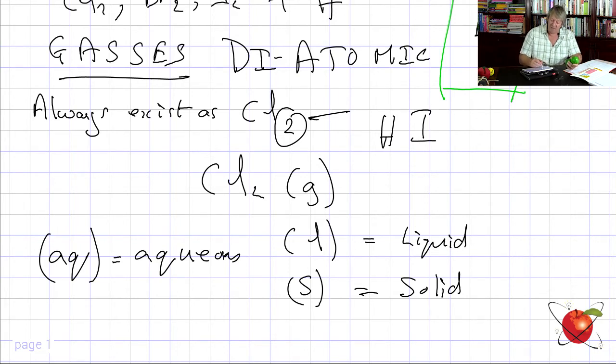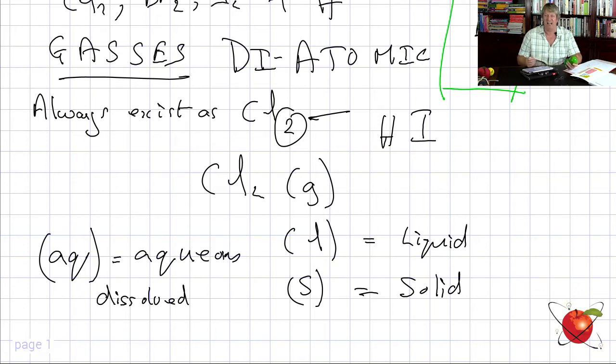This means it is dissolved, usually in water. Yes, we do dissolve things in various other things, in alcohols, ether, and so forth. But mostly, we're going to be dissolving in water.